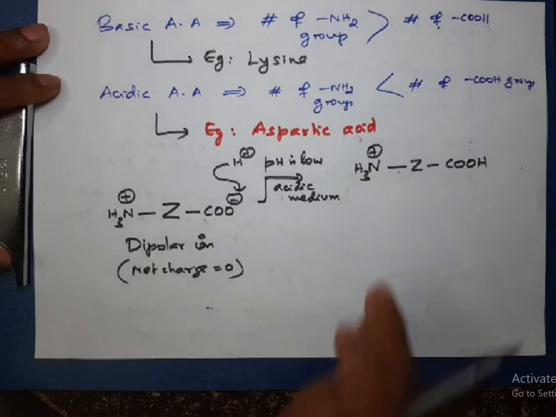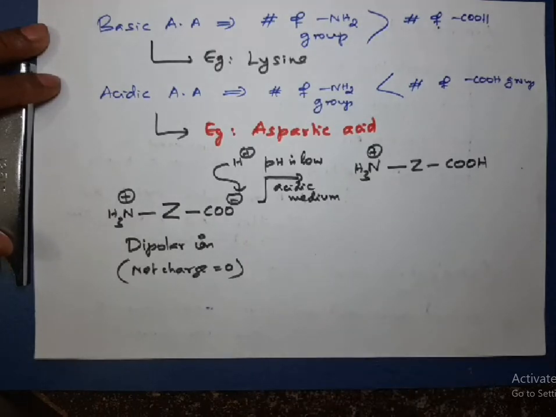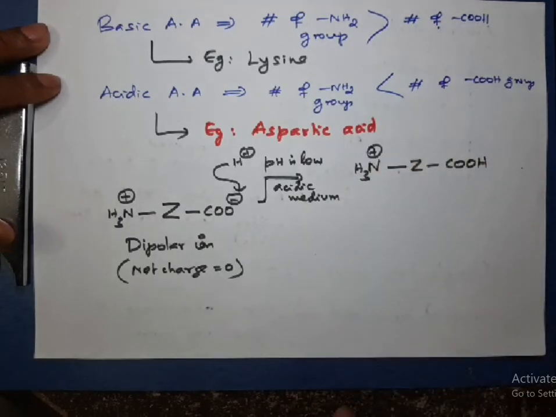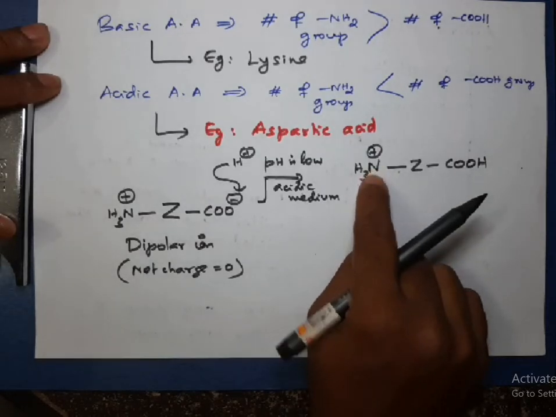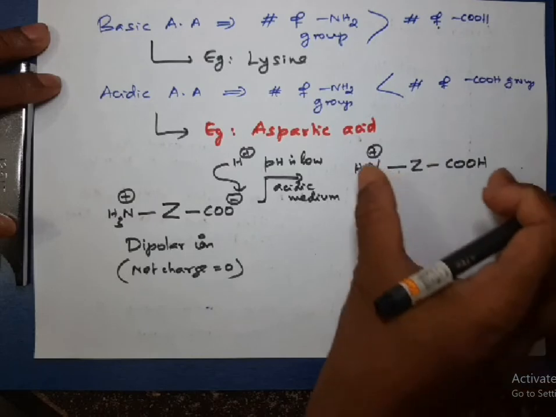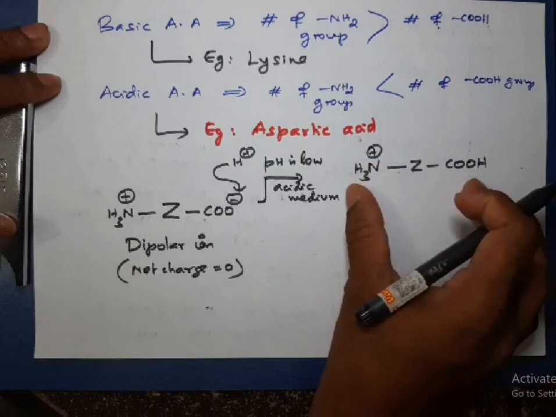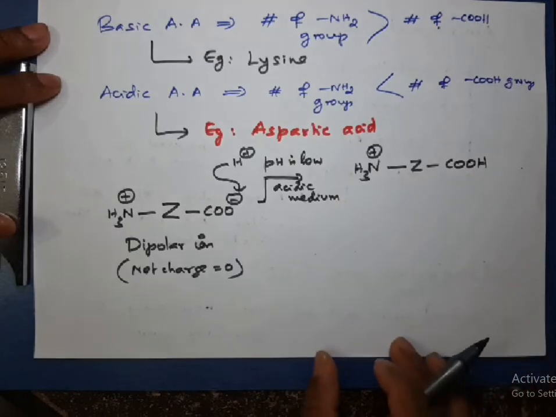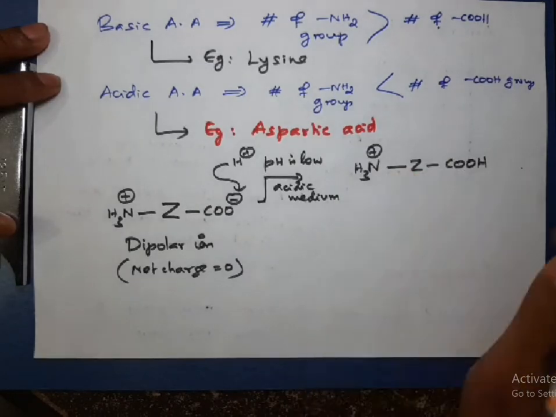Now what is the charge on the amino acid? It carries a positive charge, right? So now the amino acid carries a positive charge, so it will move towards the cathode.